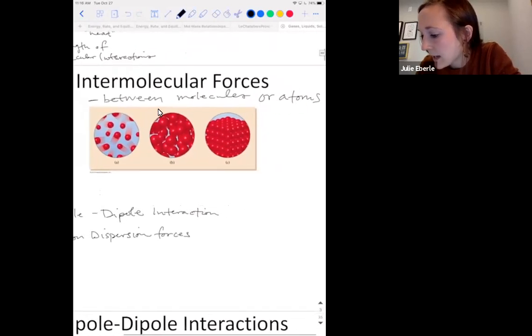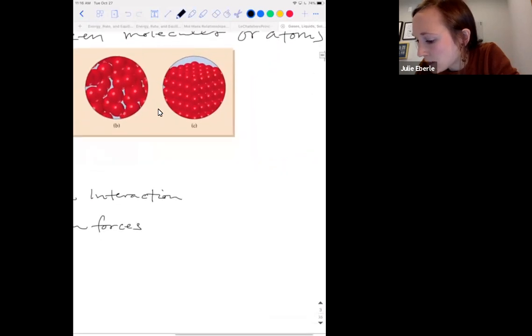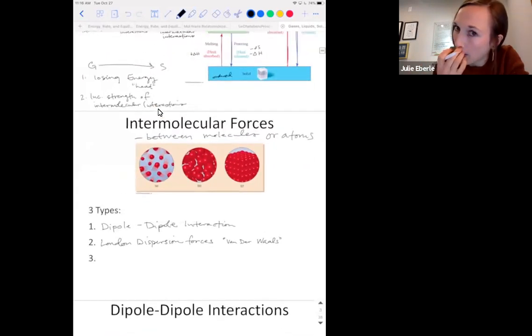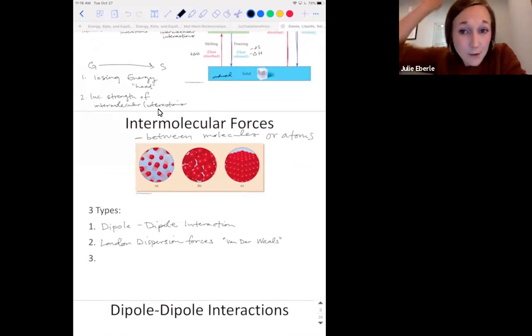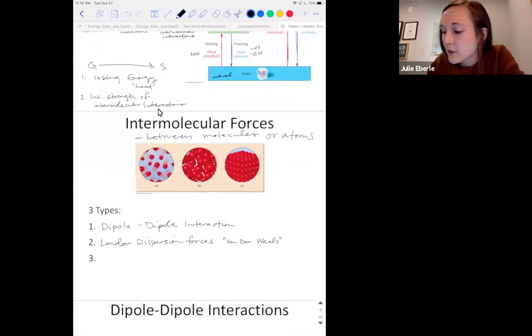They have a nickname. They're also known as van der Waals forces, due to the scientists who recognized or defined them. So London dispersion, also known as van der Waals, you'll probably hear me use those terms interchangeably. The third one is known as hydrogen bonding.